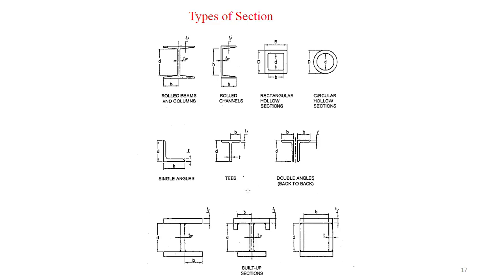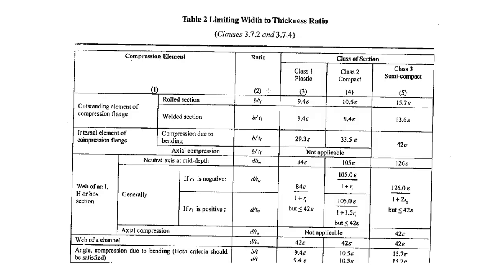By using all these sections we can make a flexural member or beam member. We can see some built-up beams also here at the bottom line. These are the various types of sections which we can use for the design of beam sections. These all are regarding the sections of beams.